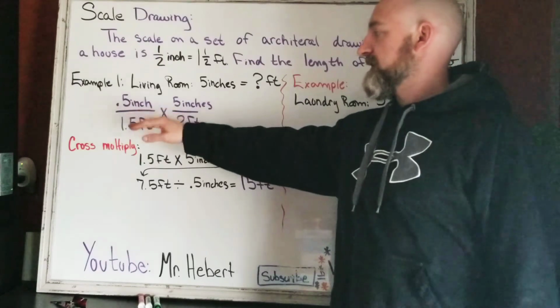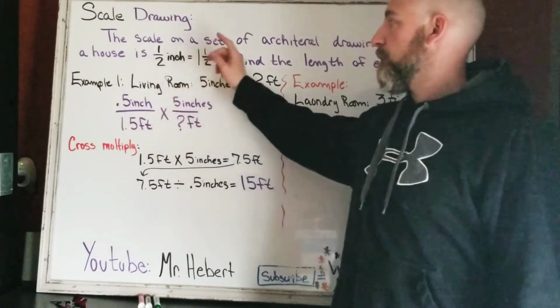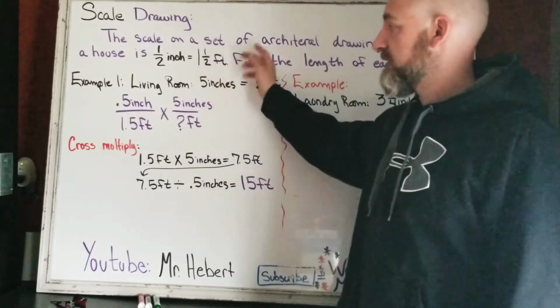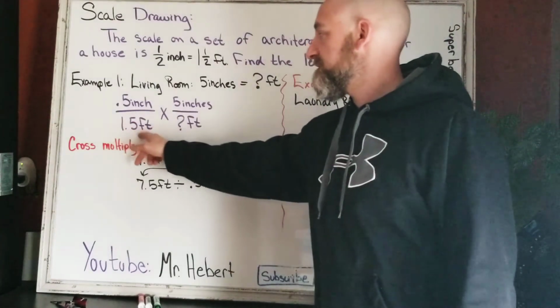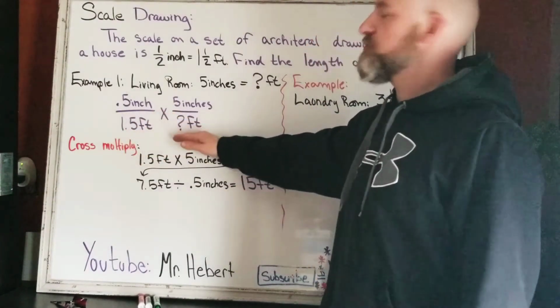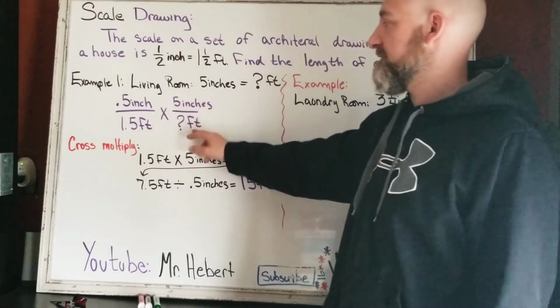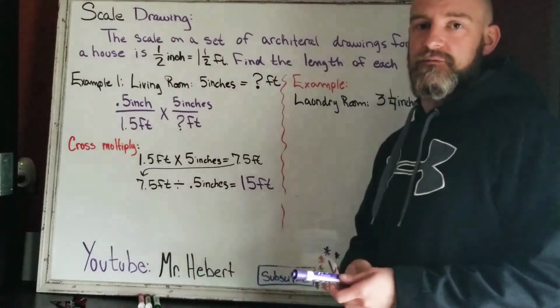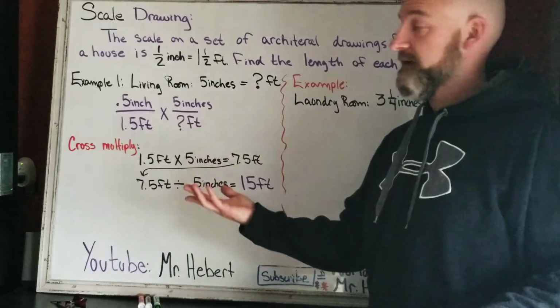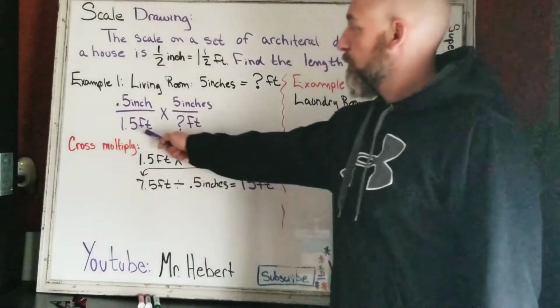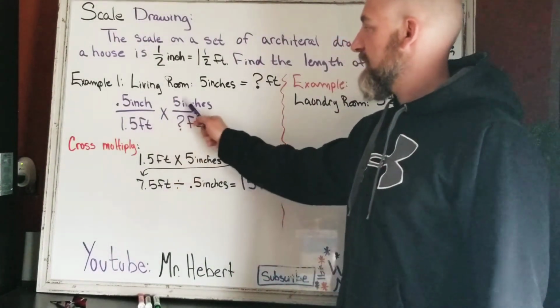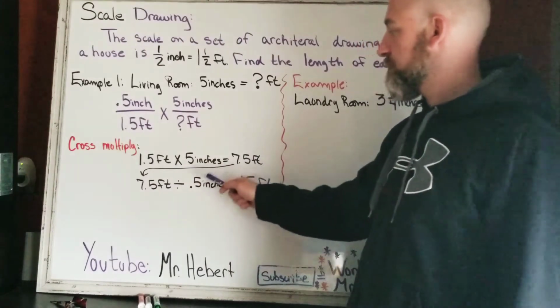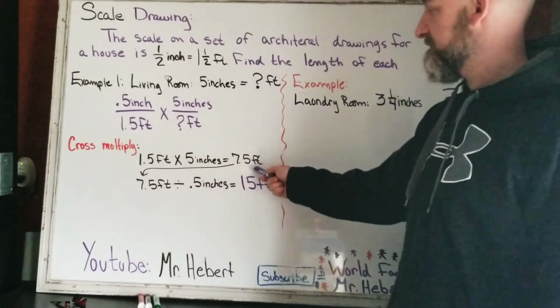Now on the denominator, I took our 1.5 foot fraction and I turned that into a decimal. So 1.5 feet is equal to how many feet in 5 inches? So this same process we've been doing for quite a while, cross multiplying and dividing. So we took our 1.5 feet times 5 inches, which comes out to be 7.5 feet.